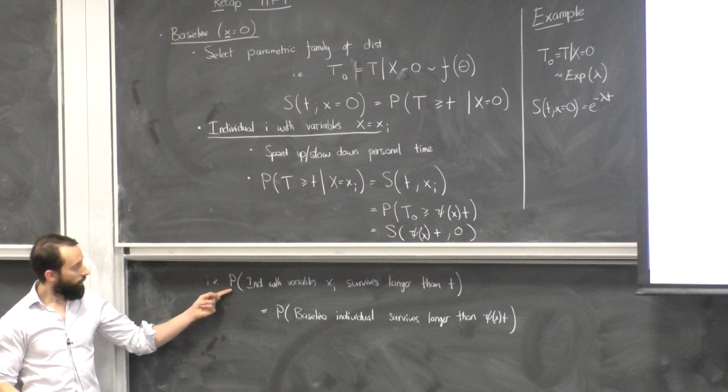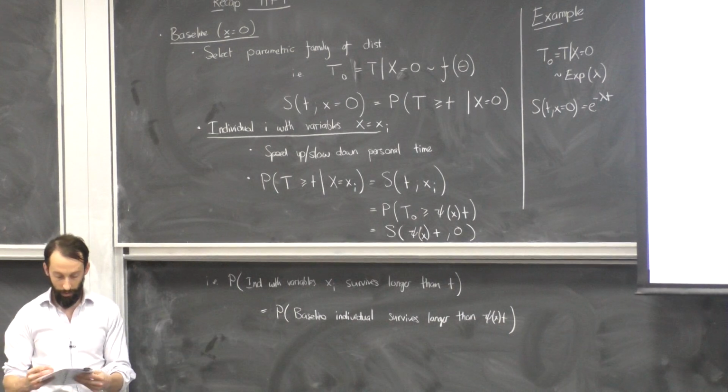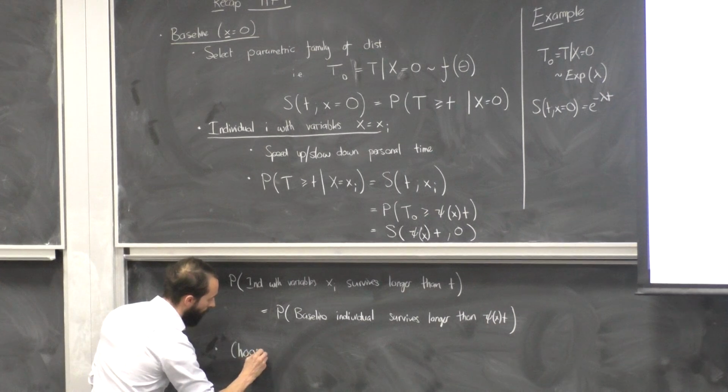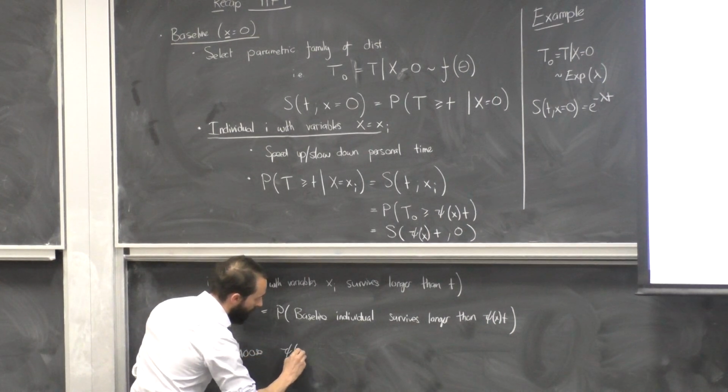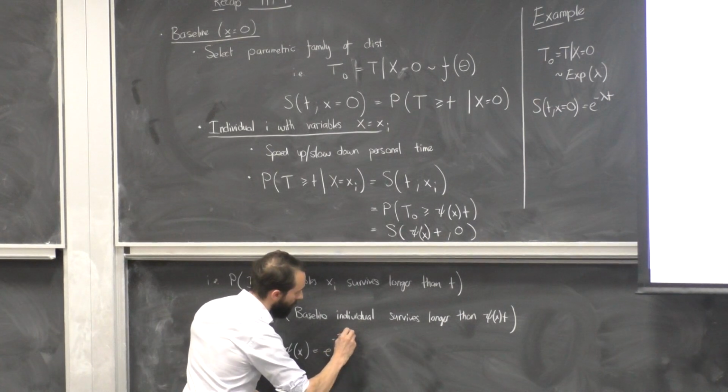Okay, so this individual has their time sped up or slowed down relative to my baseline individual. And I'm going to choose this psi term to be e to the minus beta transpose x.